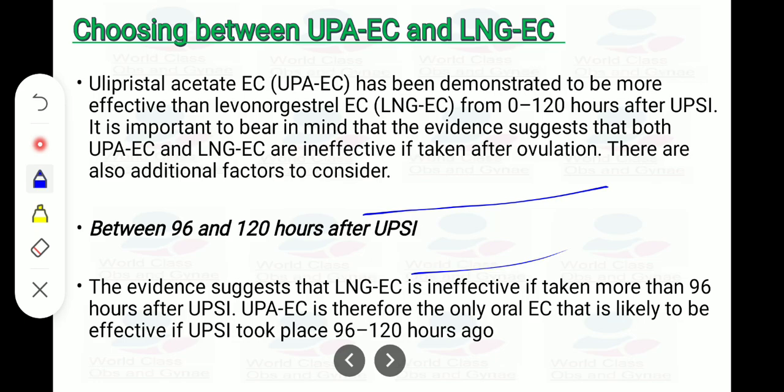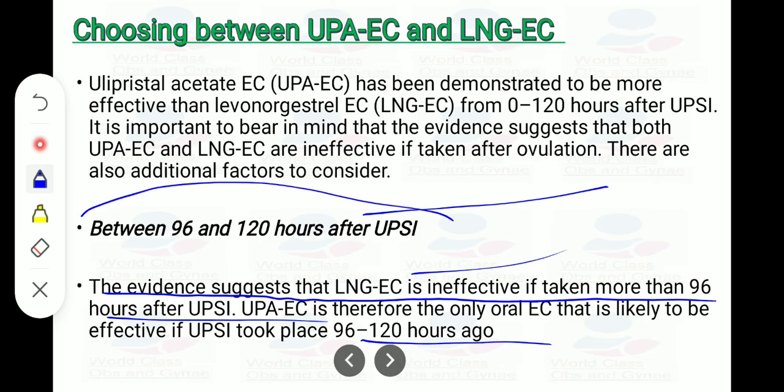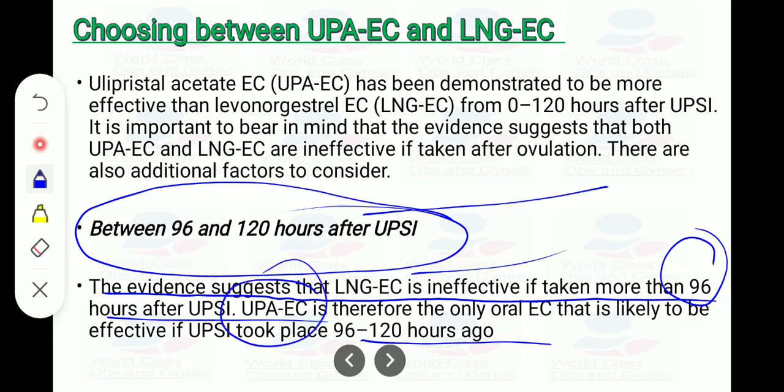Evidence suggests that both are ineffective if taken after ovulation. But the main problem is between 96 and 120 hours: if the patient comes with a history of UPSI after 96 hours, levonorgestrel is ineffective, so in that case ulipristal acetate is more effective.